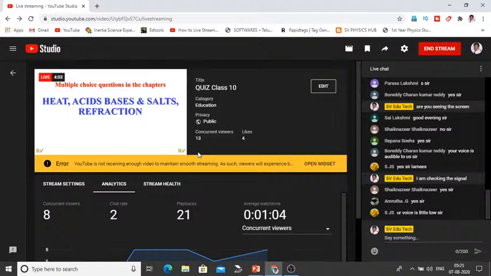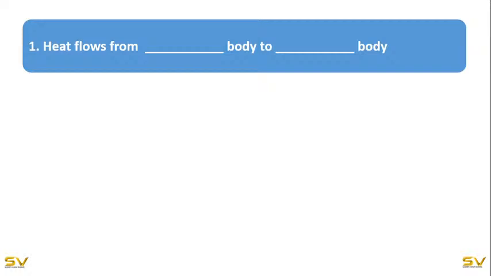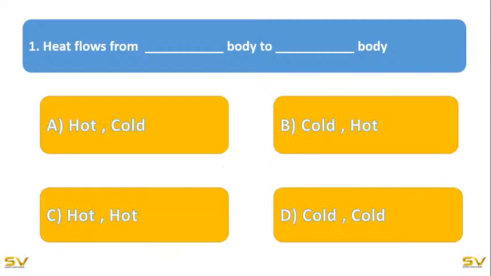Yes. So this is the question. Heat flows from dash body to dash body, and the options are: option A, hot, cold; option B, cold, hot; option C, hot, hot; and option D, cold, cold.